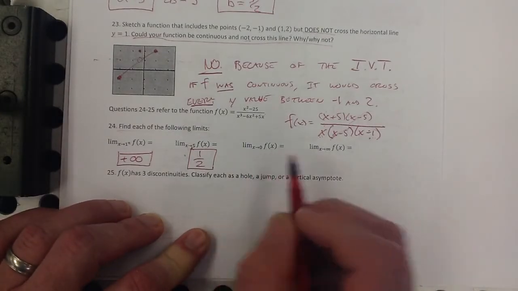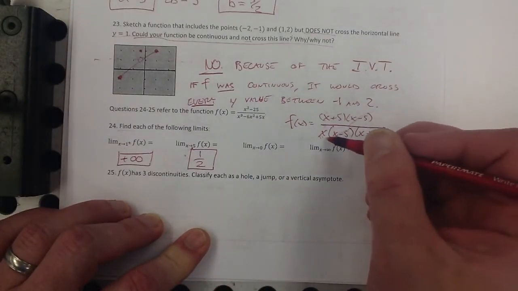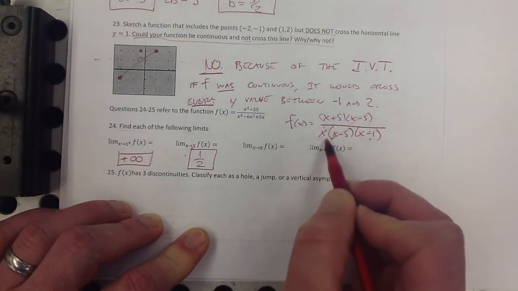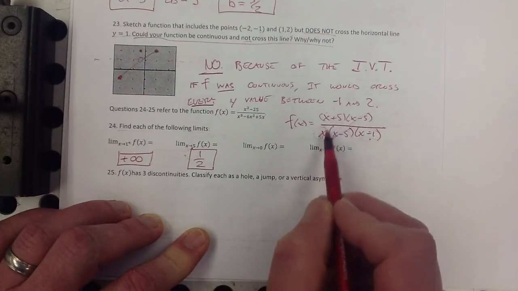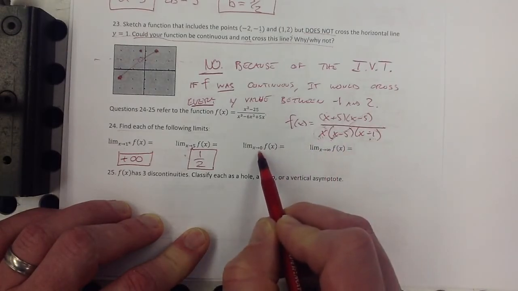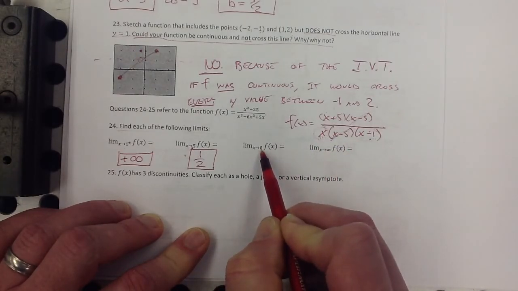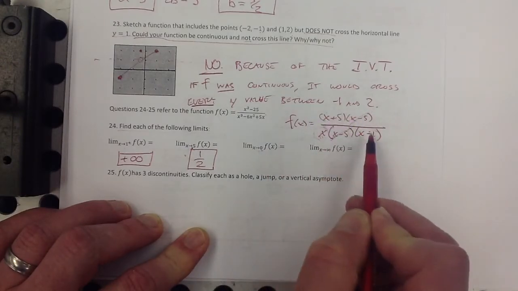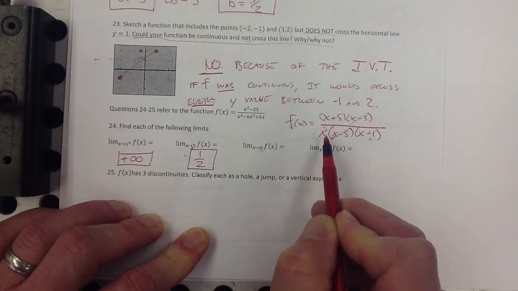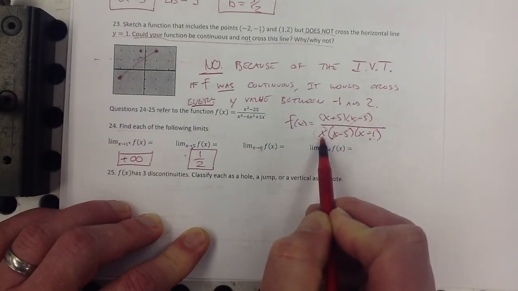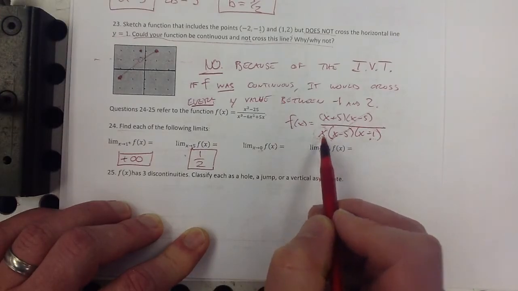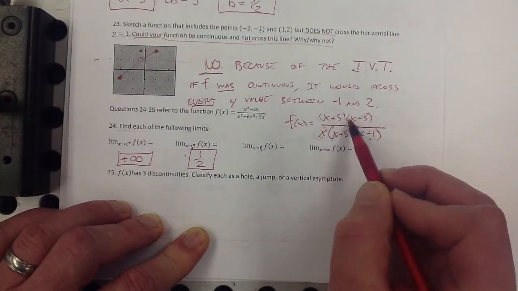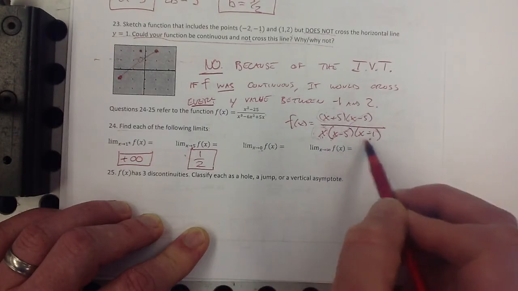As x approaches 0, we have to check both sides of 0 because that is at a vertical asymptote. And what you're going to find is when you plug in a number a tiny bit bigger than 0, you're going to get negative, right? That would be positive, negative, and positive. And when you plug in a number a tiny bit smaller than 0, you're going to get positive, negative, negative.